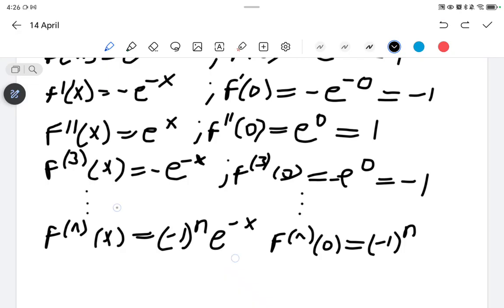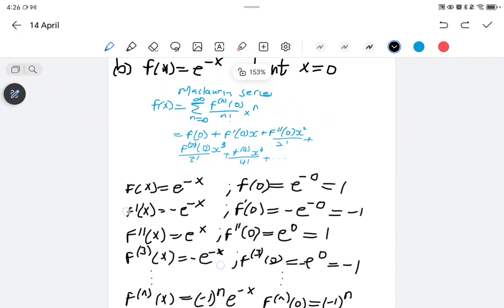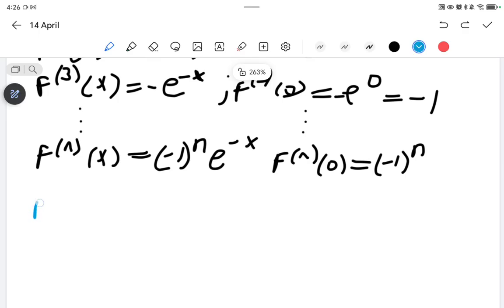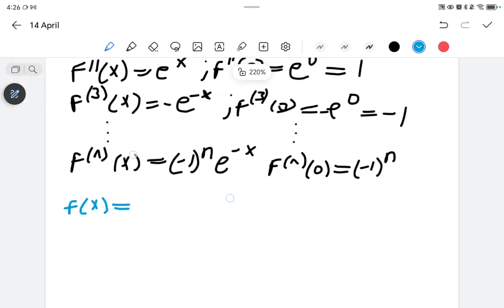You see, right? So now let's go back and plug in. This means that f of x will be equal to f of 0. We know that it's 1, right?